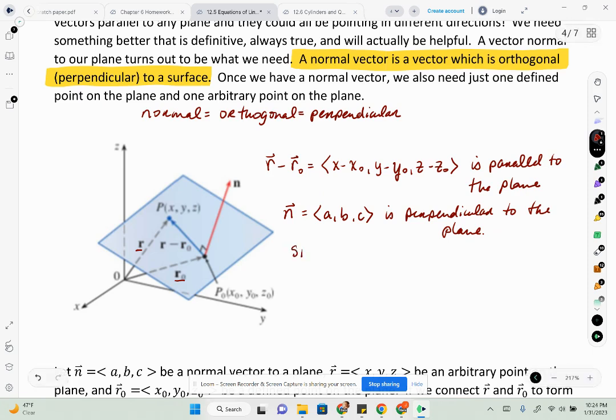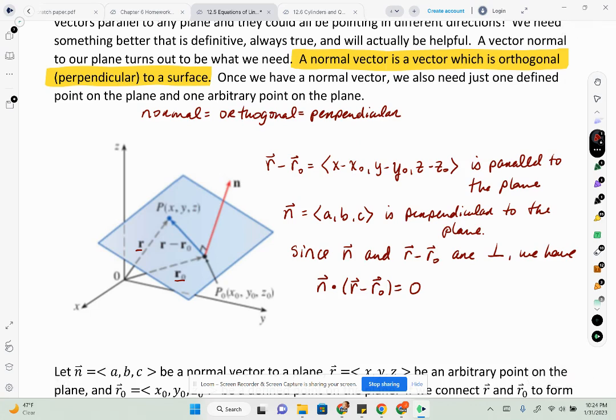So since n and r minus r naught are perpendicular, we have n dotted with r minus r naught will be equal to 0. Remember, dot product gives you a scalar, so that's 0, the number, not the vector. And this right here is the vector equation for a plane.